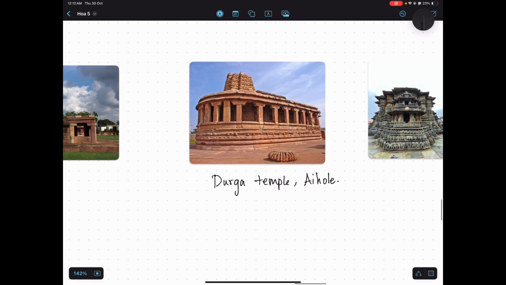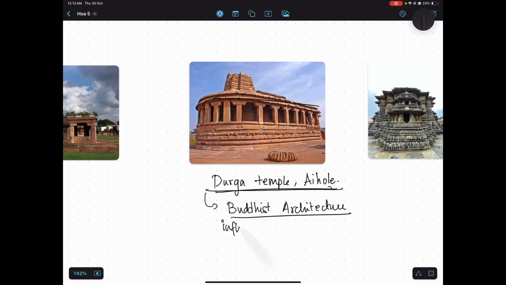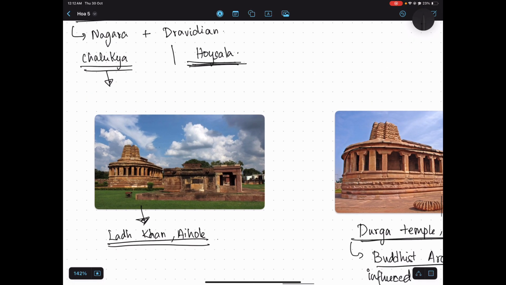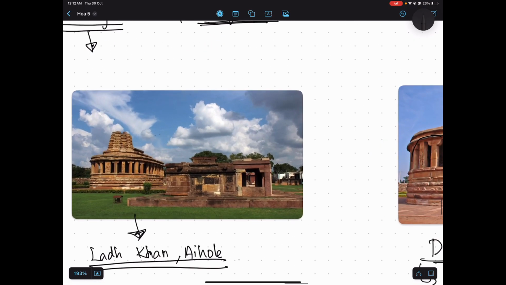You can see this Durga temple is heavily influenced by Buddhist architecture, the Chaitya kind of thing that's going on. And Ladkan temple can be said to be one of the first temples under the Chalukya period. You can see a very small shikara coming up.